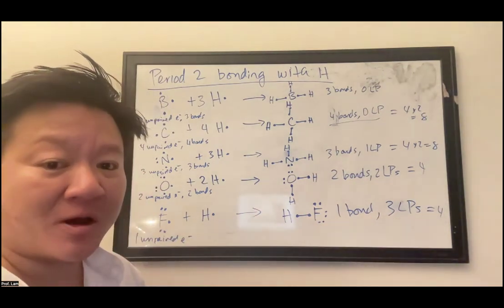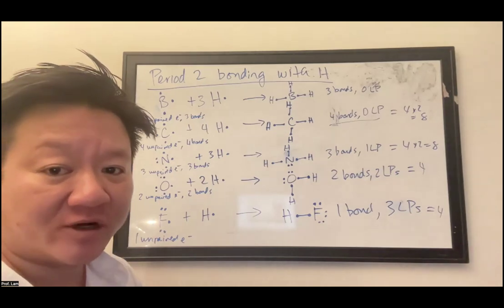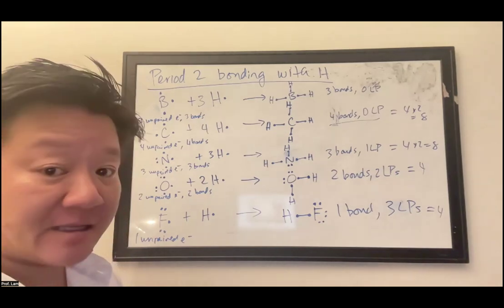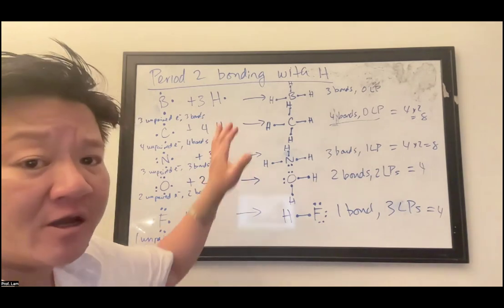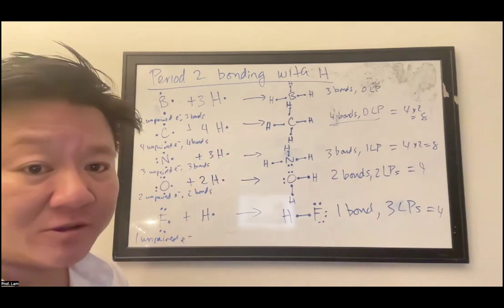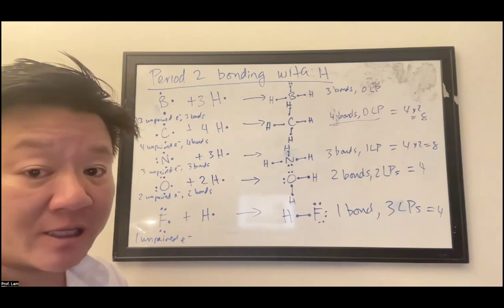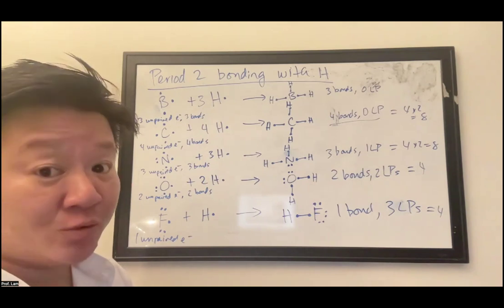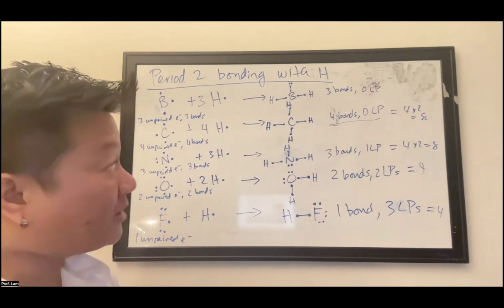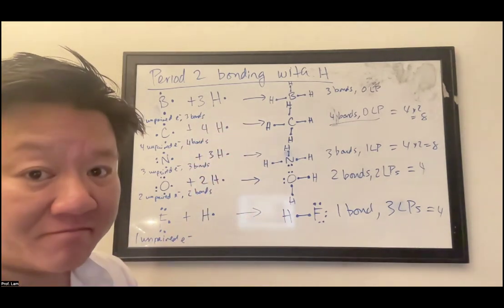That's the bonding pattern that you will see over and over again. And you can actually extend this to other elements too. This will always happen for period 2, no exceptions. For other periods, like period 3 elements, you will have some exceptions, but you will see that this is very common.